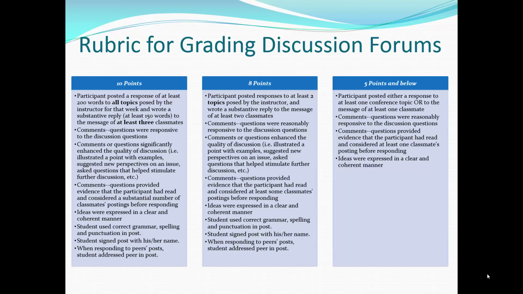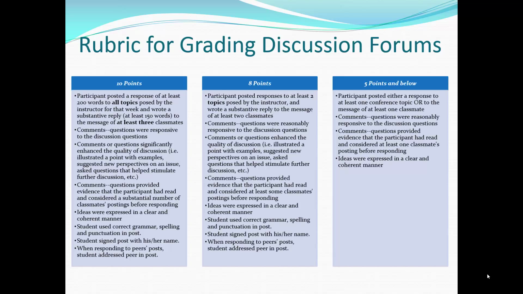Comments and questions were responsive to the discussion questions. Comments or questions significantly enhance the quality of the discussion, such as illustrating a point with examples or suggesting new perspectives on an issue, asking questions that help stimulate further discussion, or providing evidence that the participant had read and considered a substantial number of classmates' postings before responding.